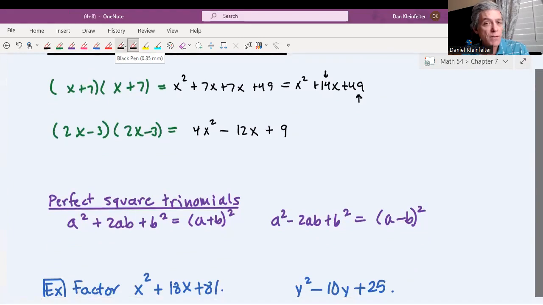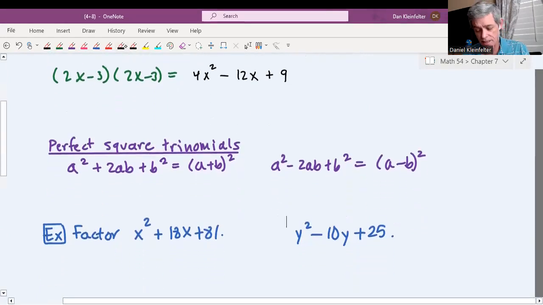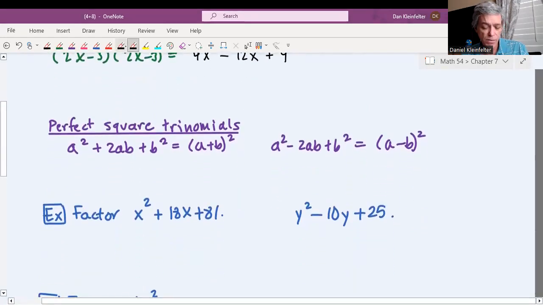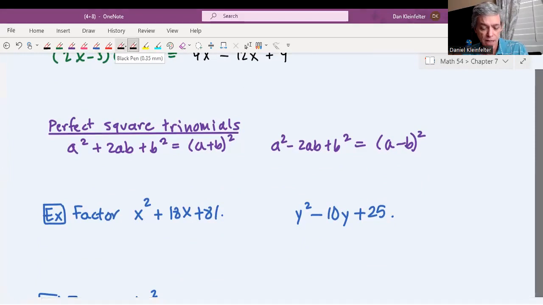What we're going to do now is basically just reverse that process to help us get factoring done. So let's try these two. Here we have x squared plus 18x plus 81. If we want to recognize the pattern here, half of 18 is 9, and 9 times 9 is 81.